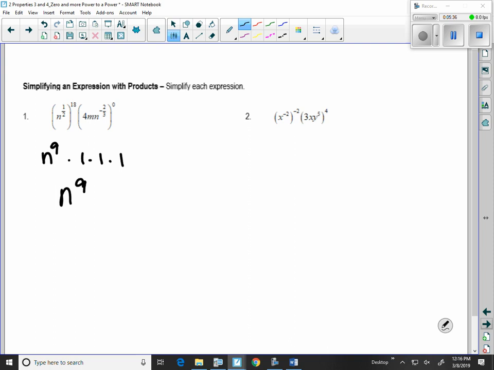Okay, x to the negative second to the negative second. What's negative 2 times negative 2? 4. Positive 4. 3 to the 4th, 81. X to the 1st to the 4th, x to the 4th, and then y to the 5th to the 4th, y to the 20th.